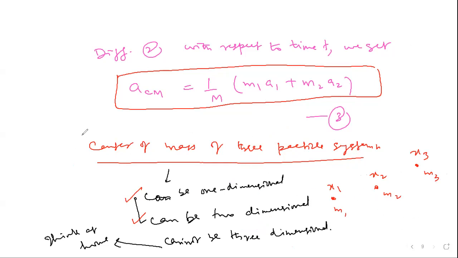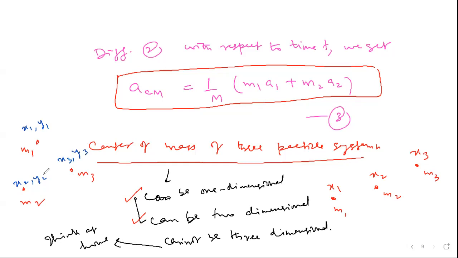Now, if they are not collinear, they lie in a plane, then to locate them, you need two position coordinates, right? So then it will have x coordinate, y coordinate. If you treat the particles in the xy plane, m2 will have two position coordinates, x2, y2, and m3 will have two position coordinates, x3, y3, right?